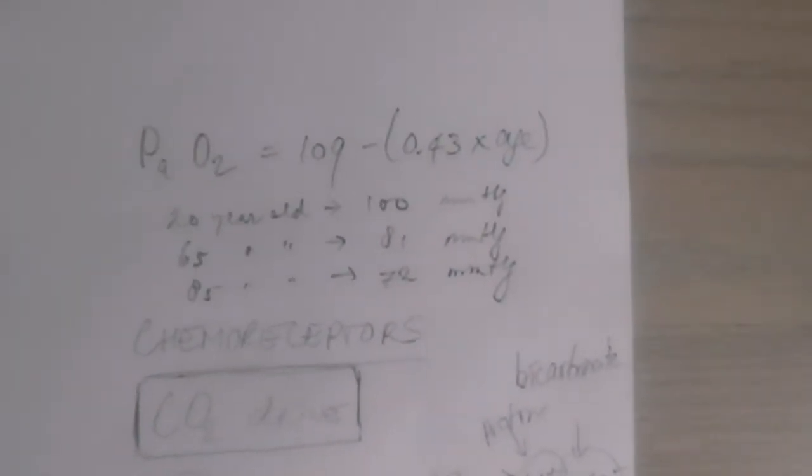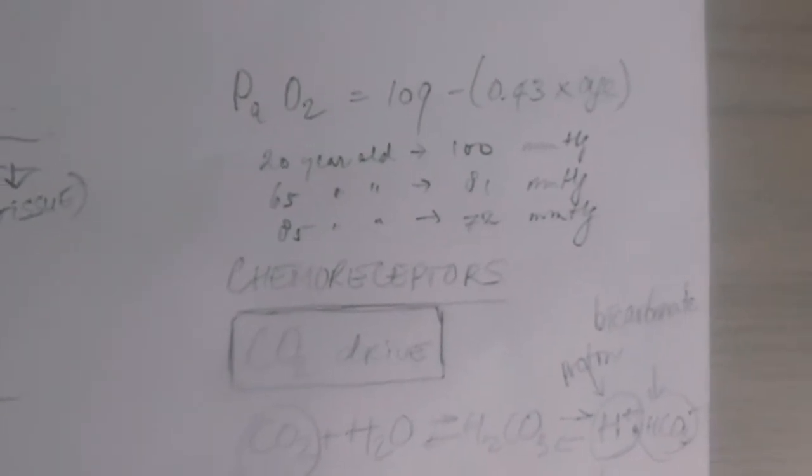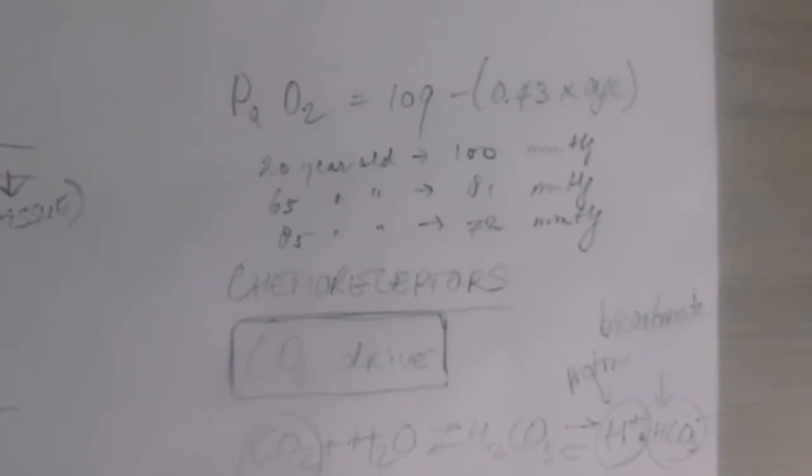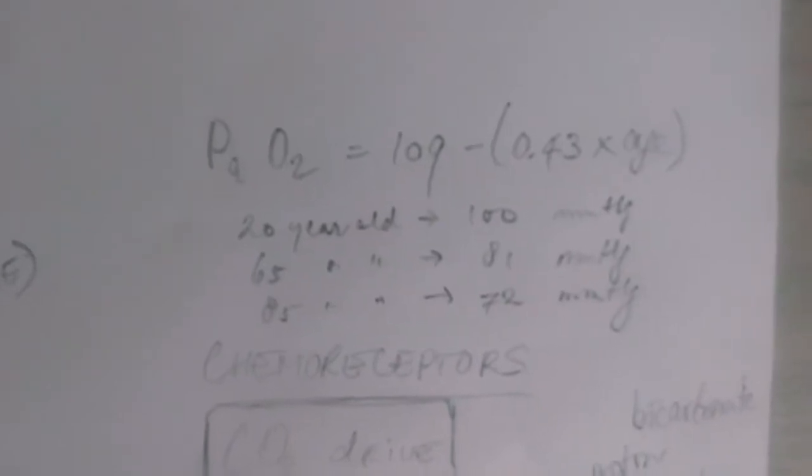So say a 20-year-old will be 109 minus 20 times 0.43, which is about 8.6. So should have a PaO2 of about 100.